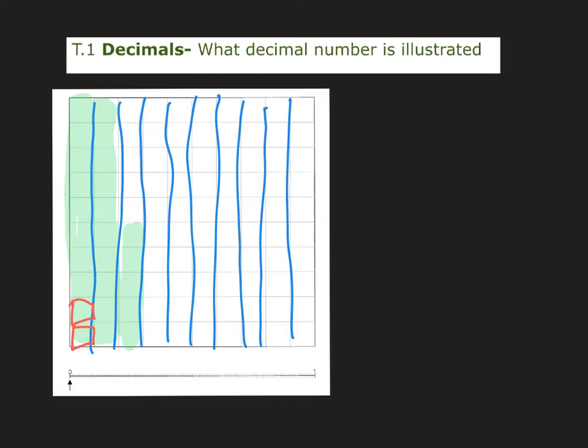That'd be 25 out of the 100 squares shaded in. That would also be written as 0 and 25 hundredths. This is the ones place, tenths, hundredths place. So 25 hundredths were shaded in. That's just another way to look at my values.